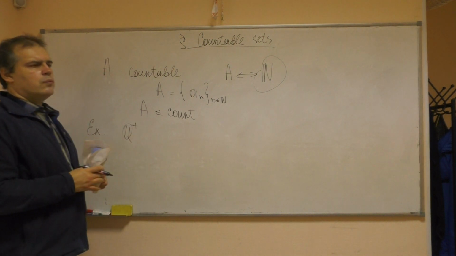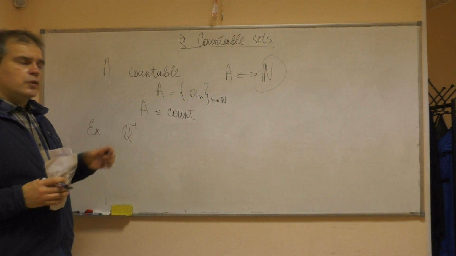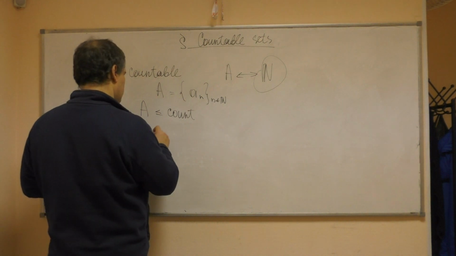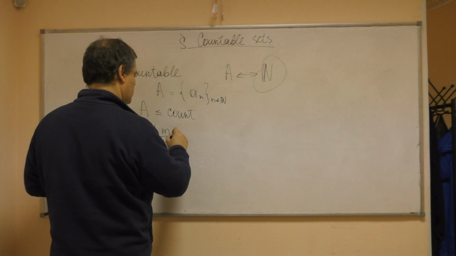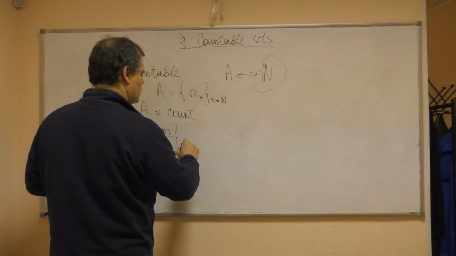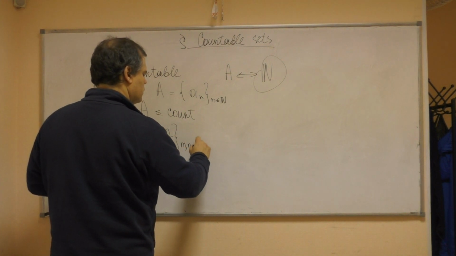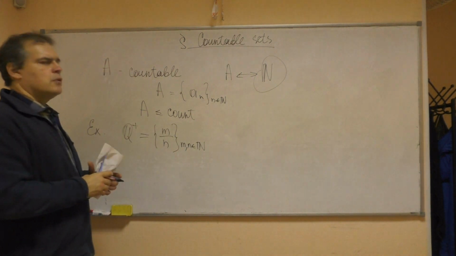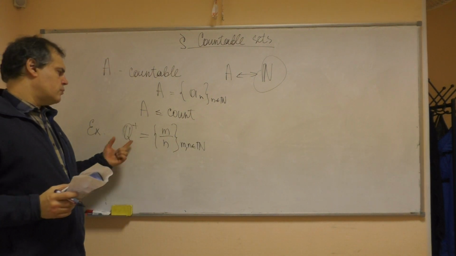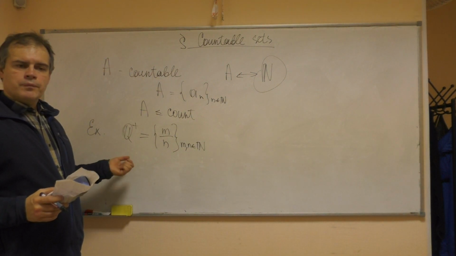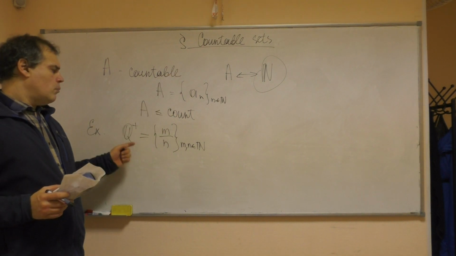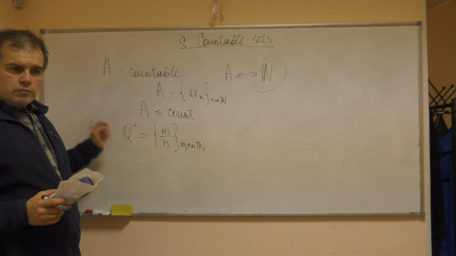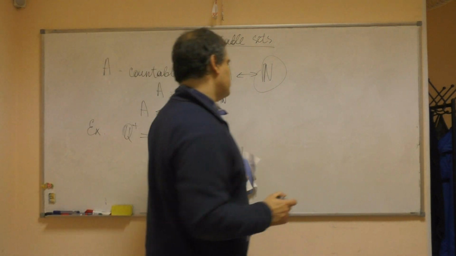The set of positive rational numbers, or fractions m divided by n, where both m and n are natural. Of course, this set is much wider than N, but nevertheless it is also countable, and let us prove it.